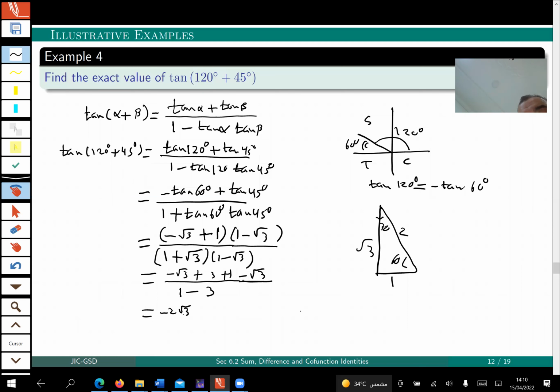So I have minus root of 3 minus root of 3, which is minus 2 root of 3, plus 3 and 1, which ends up as 4 minus 2 root 3, divided by minus 2, which is root of 3 minus 2.